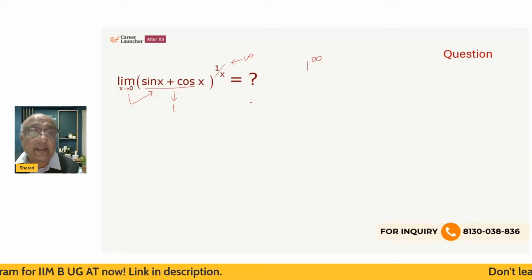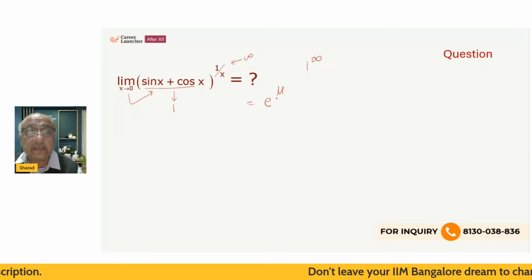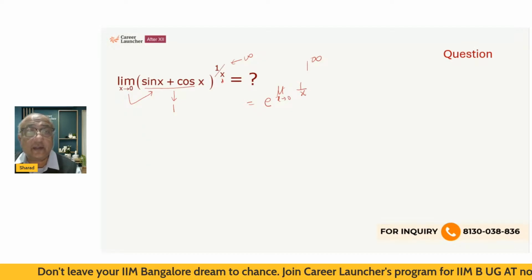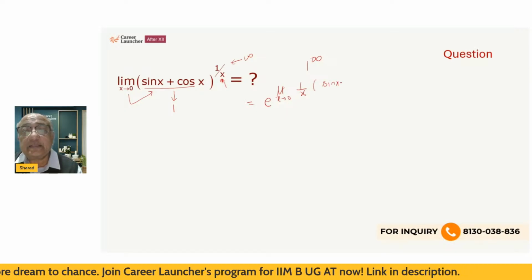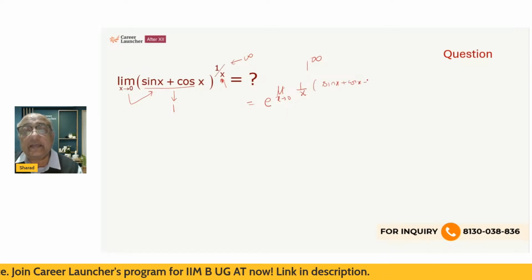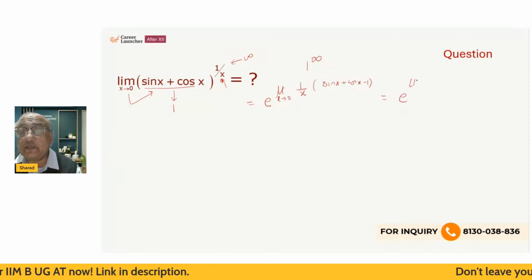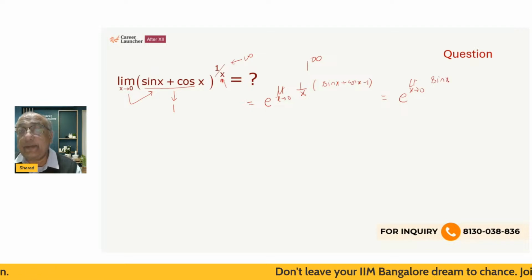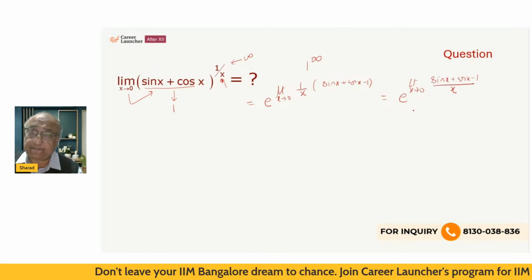I will rewrite this limit as e raised to the power limit, same x tends to 0, 1 by x, that is this part, right? And sine x plus cos x minus 1. This is a different version of L'Hopital's rule. This will become sine x plus cos x. Can this kind of form come? Yes.